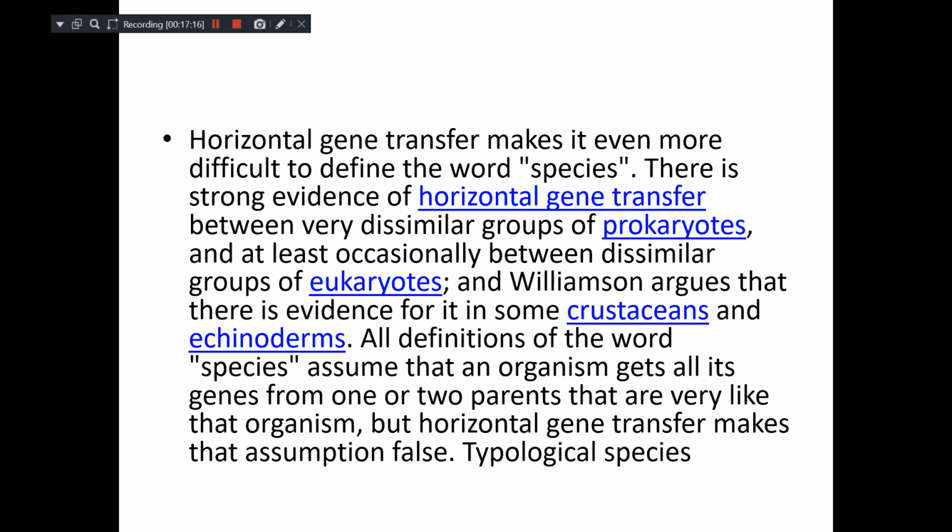It's very common in prokaryotes, and even in eukaryotes, occasionally it happens. One particular scientist, Williamson, has shown evidence that some crustaceans and echinoderms have shared genes. When there is gene sharing, where does this definition of species stand?